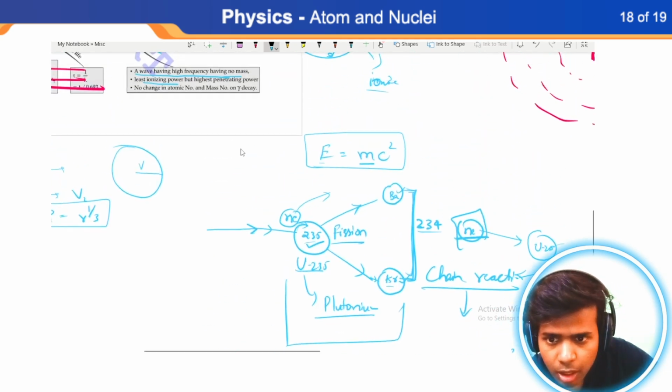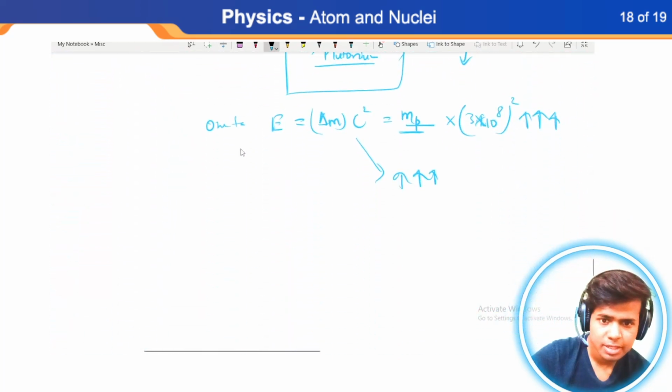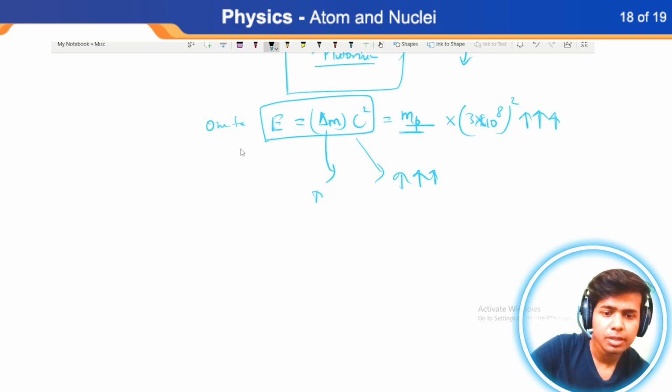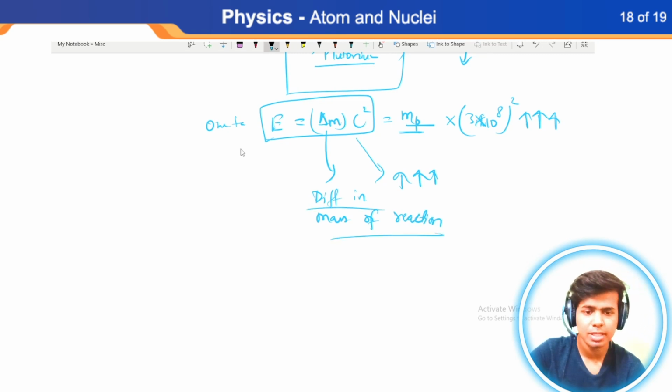So this is nuclear fission, and I have discussed it from this equation. It is basically the difference in mass of the reaction, whatever chemical reaction that has taken place.